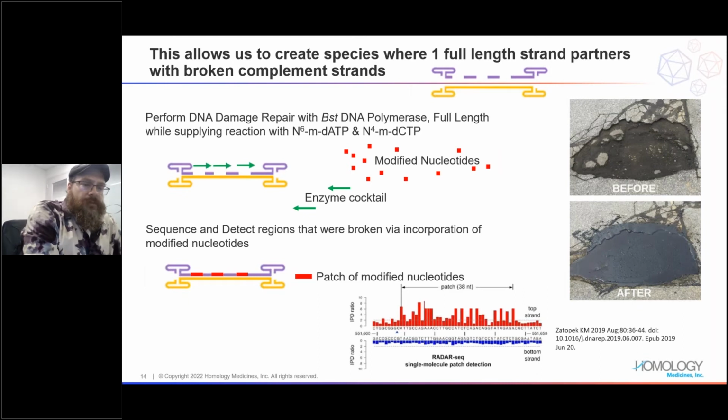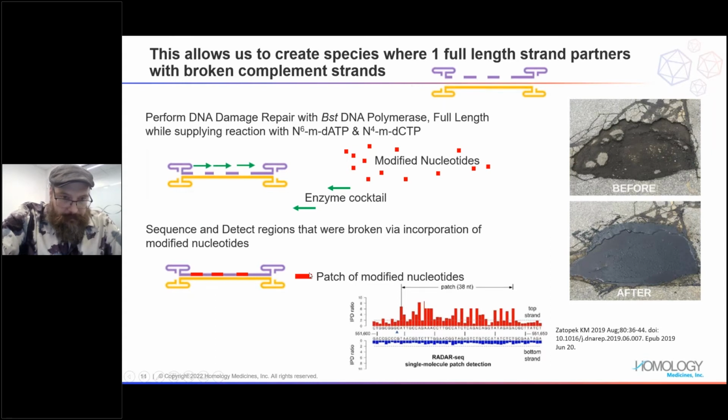So for us, what we did is we took a DNA damage repair enzyme. Obviously, you've got to have some other enzymes in your cocktail. But for us, instead of just adding your vanilla A and your vanilla C, we added 6-methyl A and 4-methyl C. What that allows us to do is rebuild these patches.